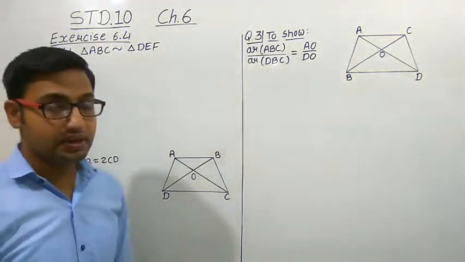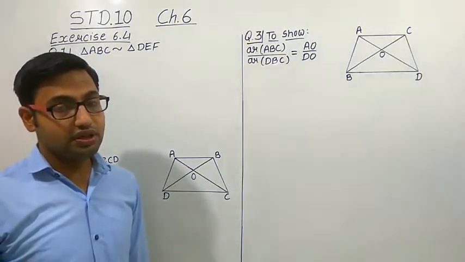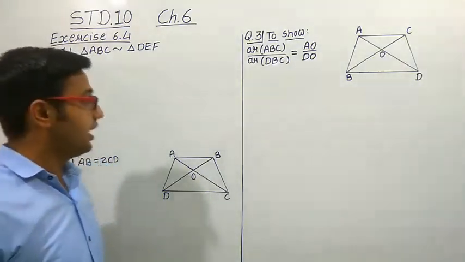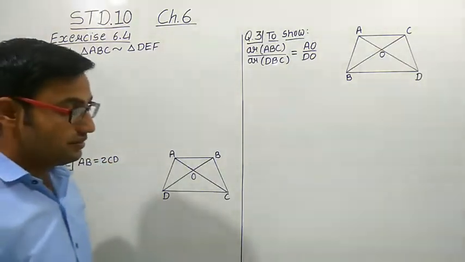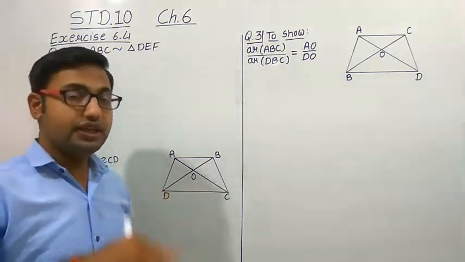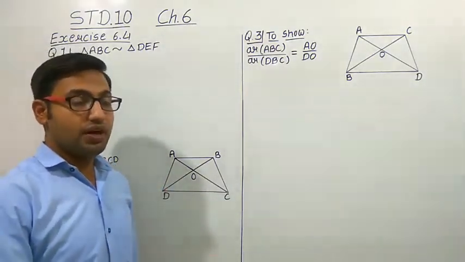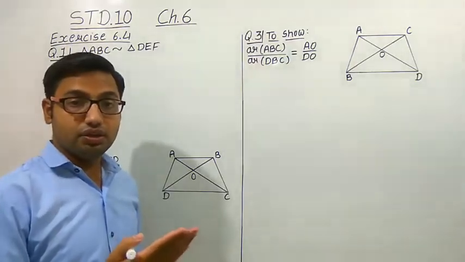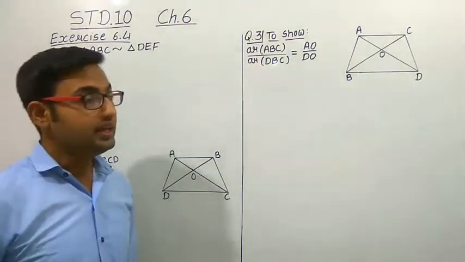Now remember, according to theorem 6.6, the ratio of the areas of two similar triangles is equal to the square of the ratio of the corresponding sides.